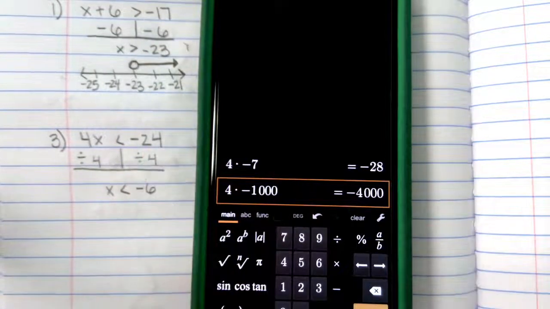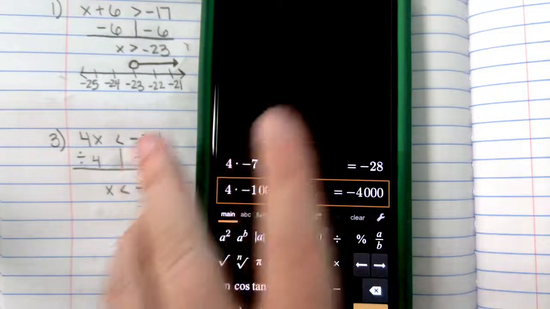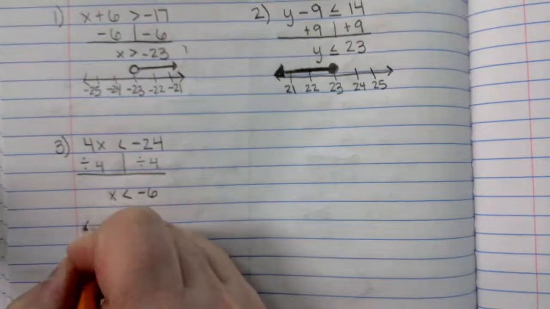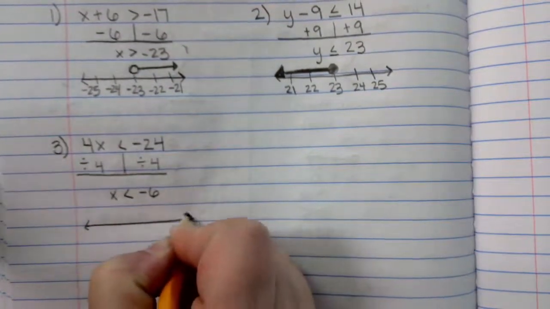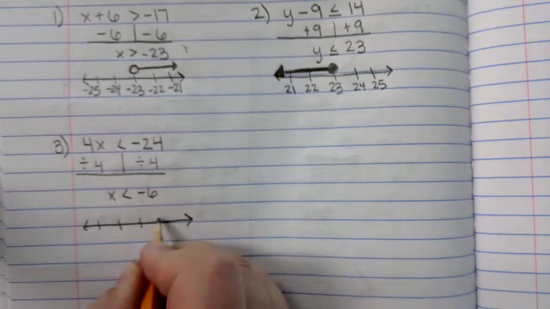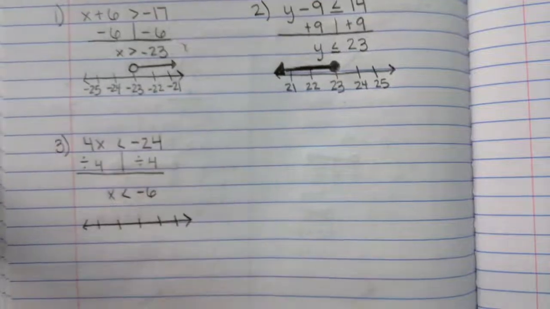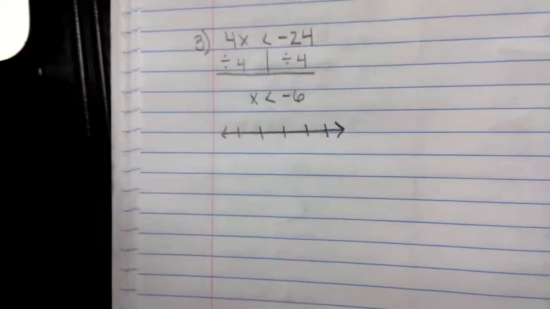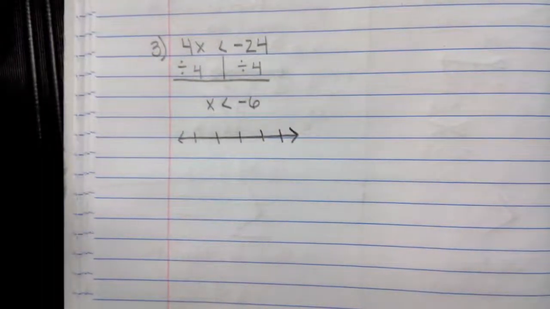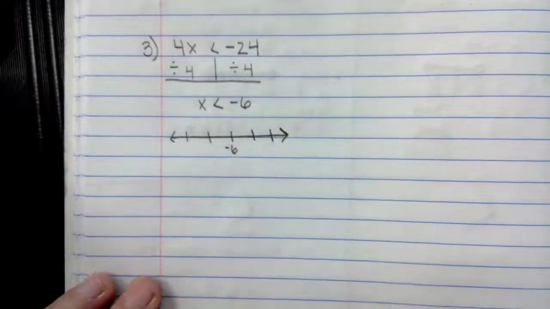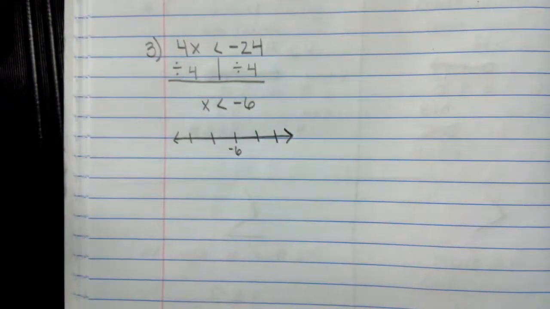Biggest thing with this graph is that it's negative, so you have to really remember which direction you're counting. When I do negatives, I always fill out the left side first, going away from 0.